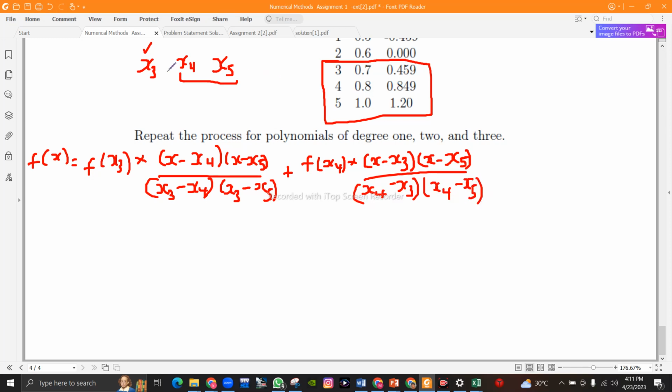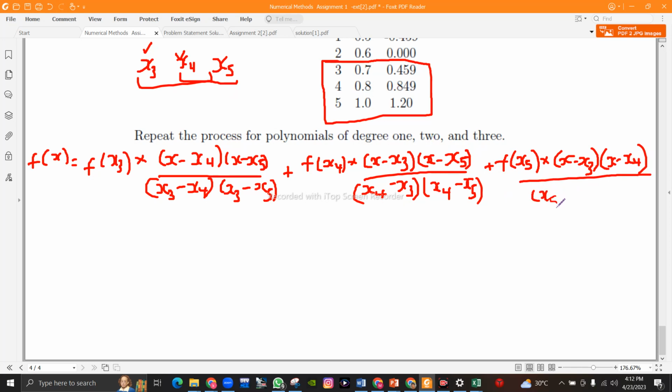We do the last one, since we need to interpolate with x5, plus f of x5 times x minus the remaining two, 3 and 4, x minus x3, x minus x4, divided by x5 minus the remaining two, x5 minus x3, x5 minus x4.